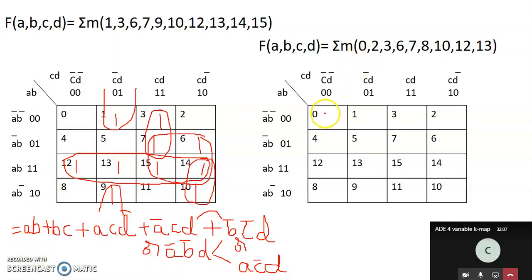So in the place of 0, we put 1: 2, 3, 6, 7, 8, 10, 12, and 13. Now we need to do the grouping. If I go with this one, what is the possibility now?